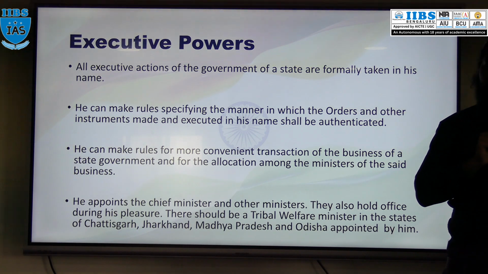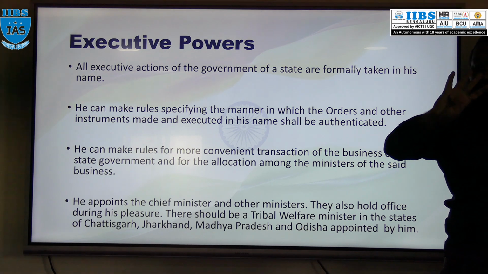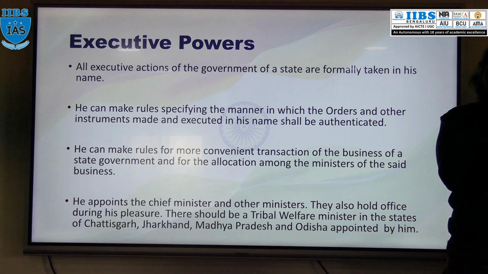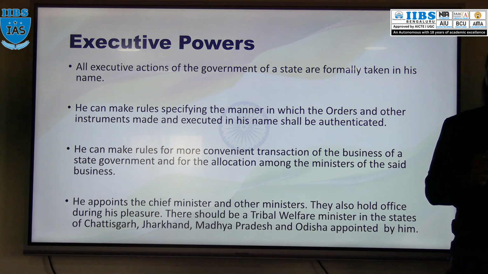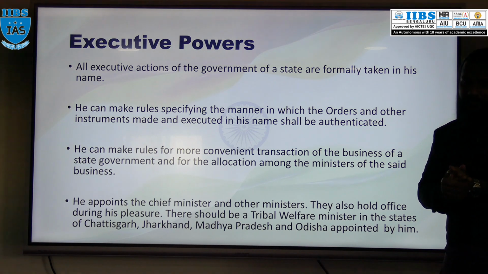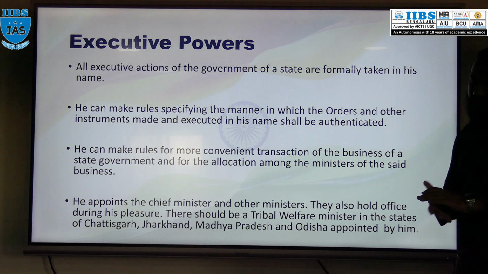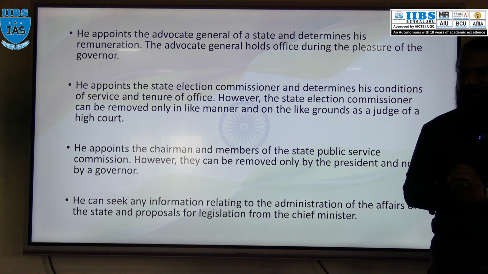You are understanding? This is an extra ministry which is given for only four states, that is, the Ministry of Tribal Affairs. What are those four states? Madhya Pradesh, Chhattisgarh, Jharkhand and Odisha. One extra minister in the council of ministers he has to appoint.